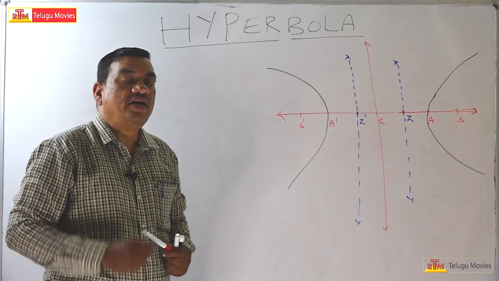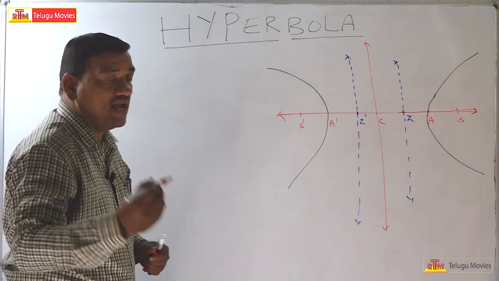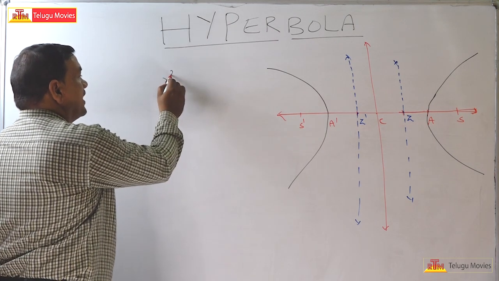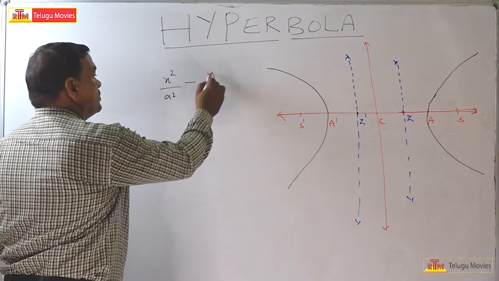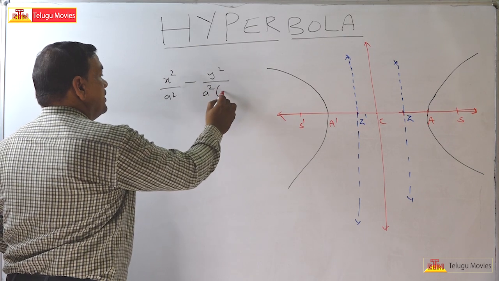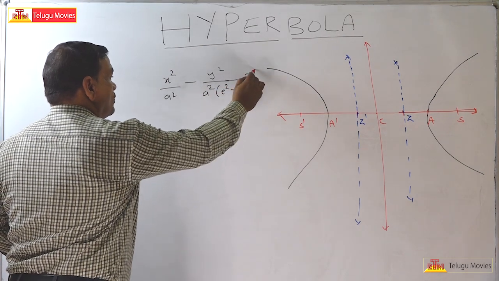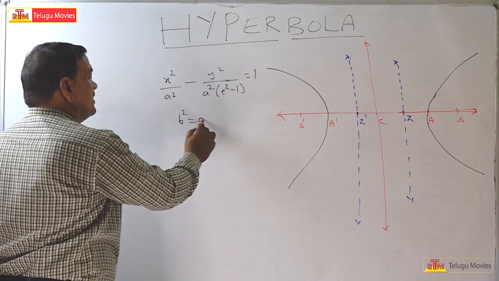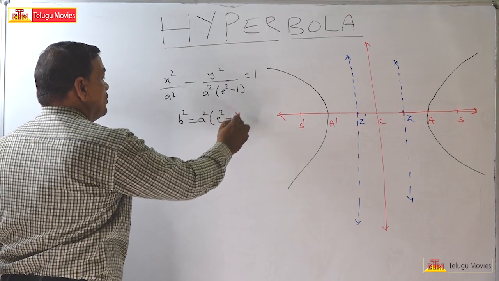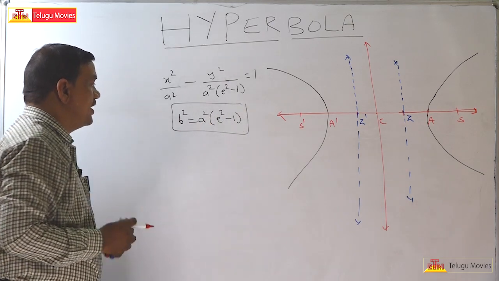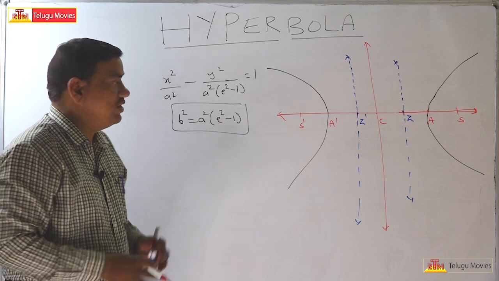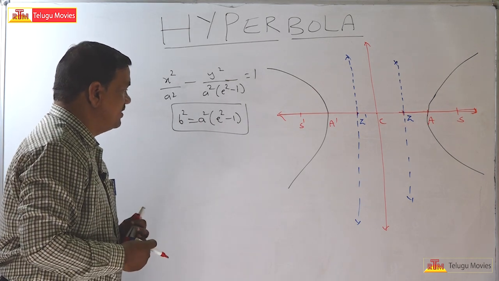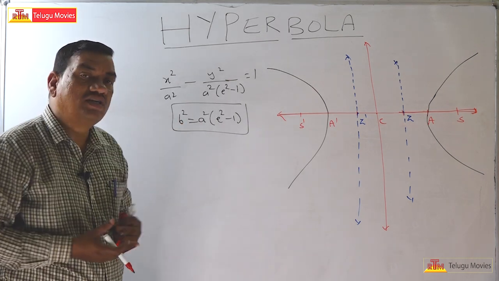Welcome back. So, here the equation of the hyperbola we got is x square by a square minus y square by a square into e square minus 1 is equal to 1. So, we said that b square is equal to a square into e square minus 1. But the question is, what is the length of b?